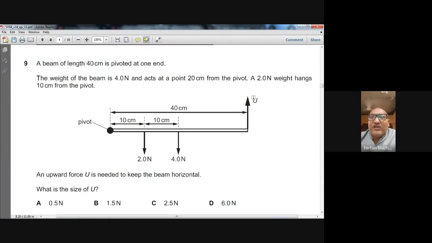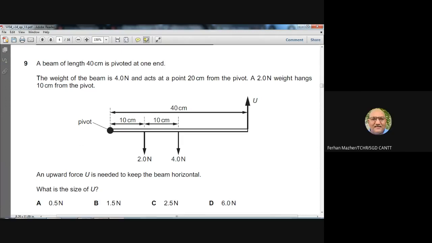So the pivot is here. These two forces are trying to produce clockwise moment, and this force U is trying to produce anti-clockwise moment. According to the principle of moments, the sum of the clockwise moments will be equal to the sum of the anti-clockwise moments.